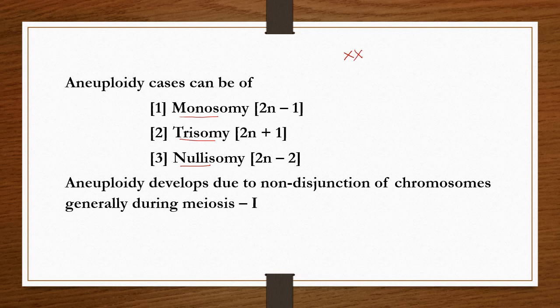In that, minus 1 means one of the X is absent, so it becomes X0. This is monosomy, with one chromosome short. Now trisomy is 2n plus 1, one extra chromosome added to the diploid condition. That means XX with one extra X is called trisomy.